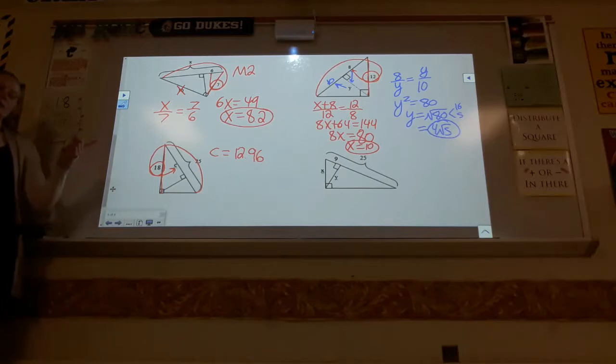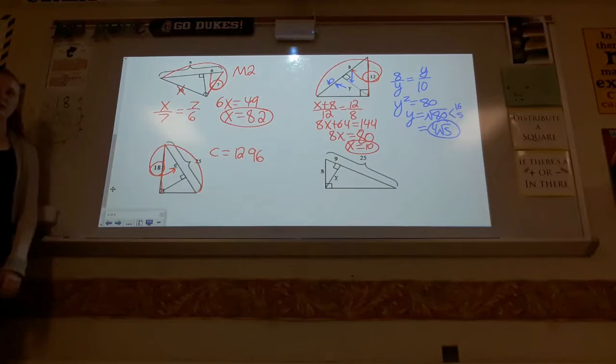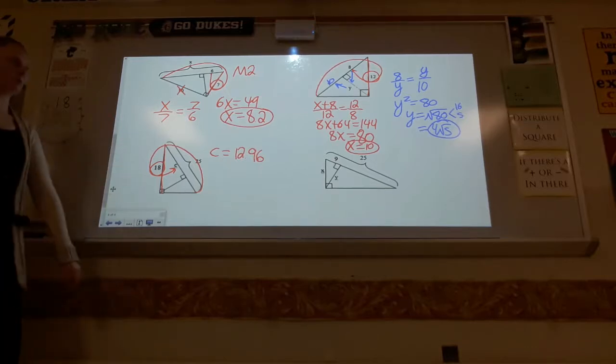Alright, go ahead and try that last one on your own. Again, it is another mixed picture, so you have 2 different variables to find. Figure out which one you need to do first, and then away you go.